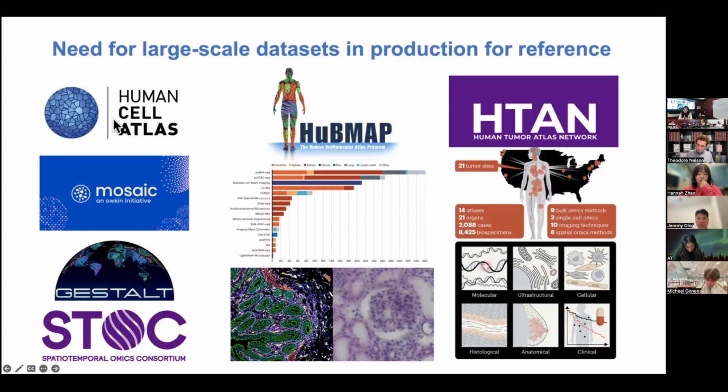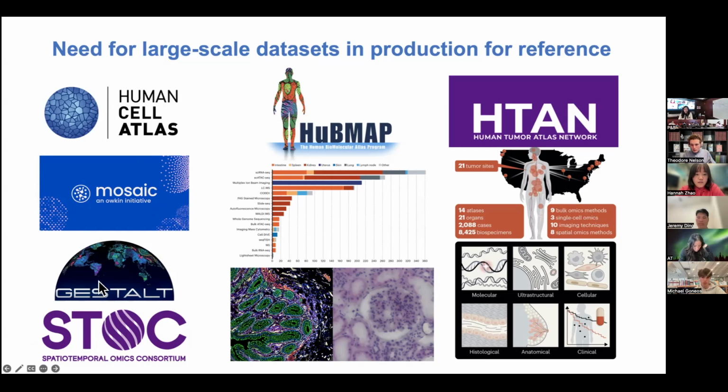The Human Cell Atlas recently started collecting spatial data sets as well. MOSAIC, which is more of an Auckland initiative, is also trying to do a similar tumor spatial omics atlasing on a few different tumor types to begin with, and expanding.